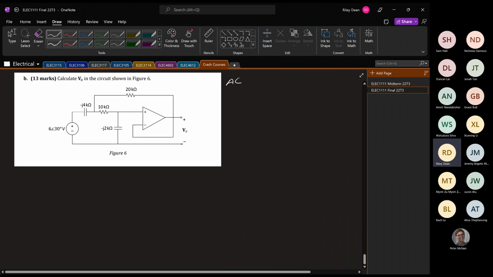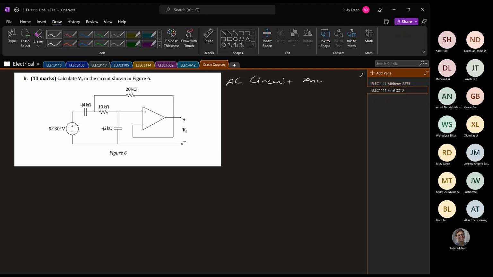Okay, now we get to some AC circuit analysis. This one here, all the impedances are already supplied. So as impedances are supplied, we just get to treat this like a normal circuit.